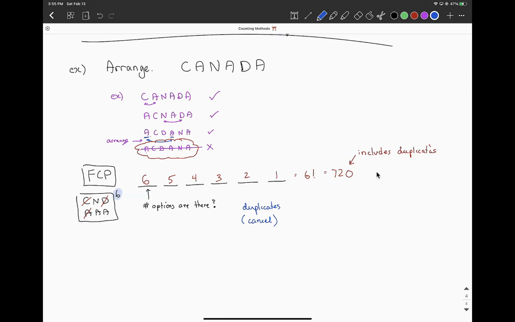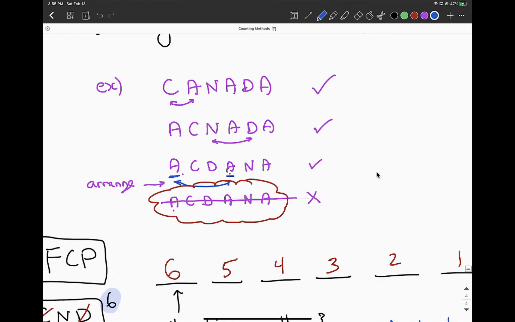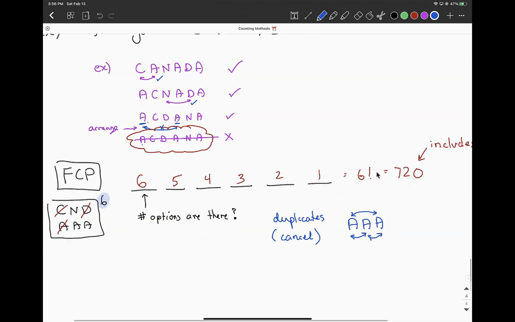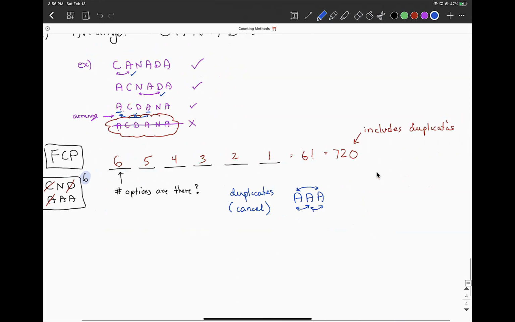And so if you look at the A's more specifically, it was totally cool moving a letter with an A or any other letter, but it was not cool moving an A with another A. And those are the arrangements that we have to be on guard for. A's swapped with A's in all these different ways. Now, on its own, that means 3 times 2 times 1, or 3 factorial.